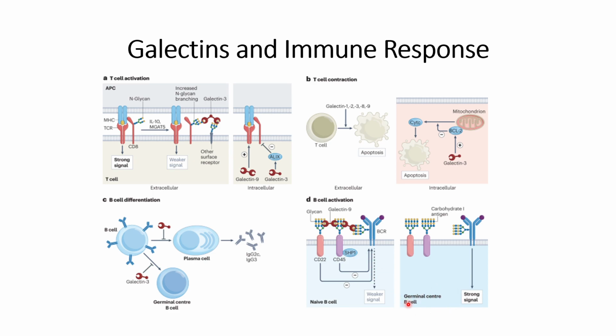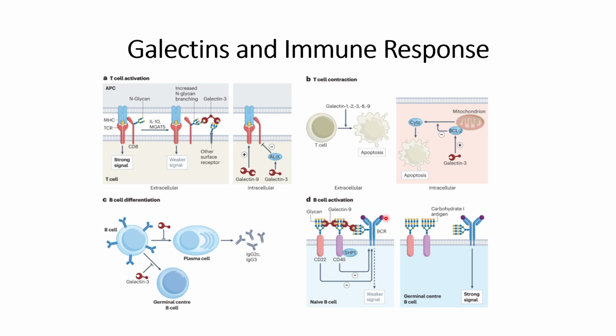However, in the case of germinal center B cells, because of the different carbohydrates present on them, the galectins will not be able to interact with them, and thereby do not cause weakening of the signals. Thus, in germinal center B cells, the antigen interacting with the B cell receptor will cause a strong signal, and these activated B cells will trigger an immune response against those carbohydrate antigens.